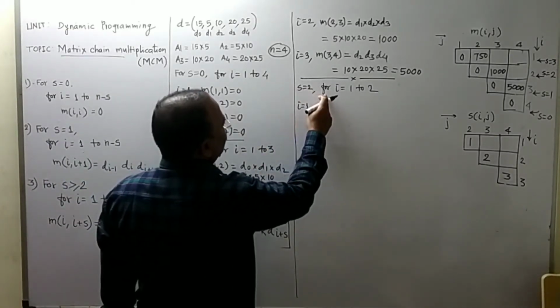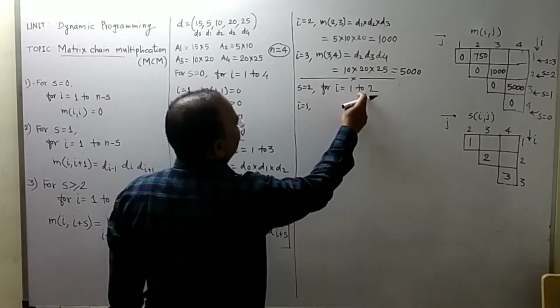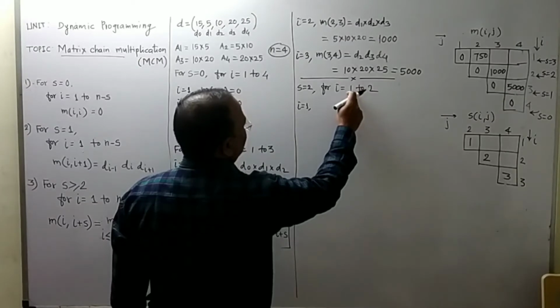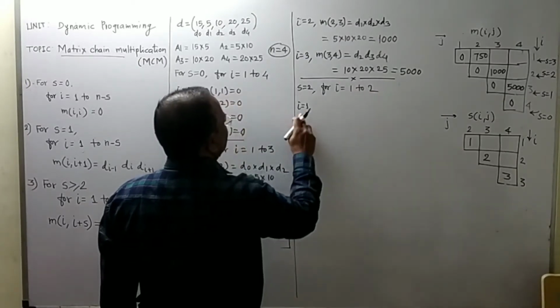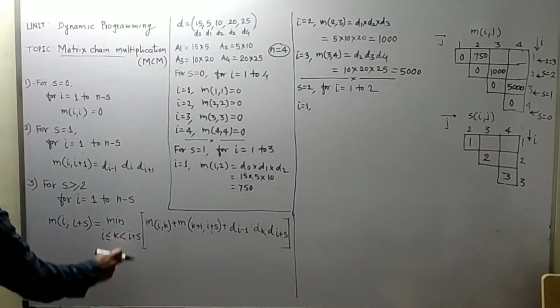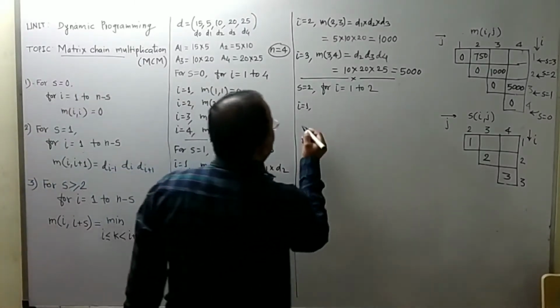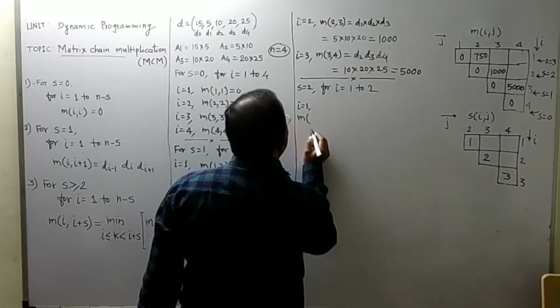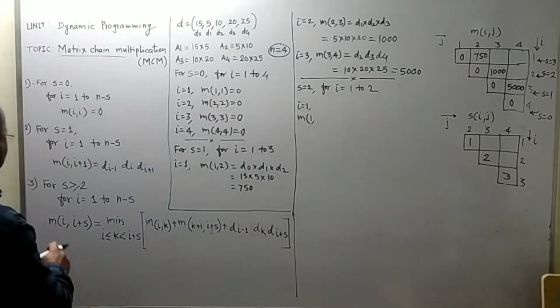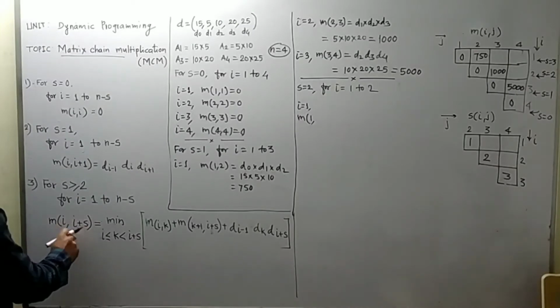For S is equal to 2, the for loop varies from 1 to n minus S, that is 4 minus 2, means 1 to 2. First we take I is equal to 1 and we have to use the third formula. So M of I value is 1 and I plus S, I is 1, 1 plus 2 that is 3.